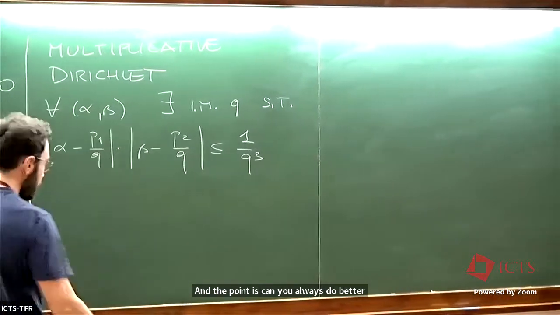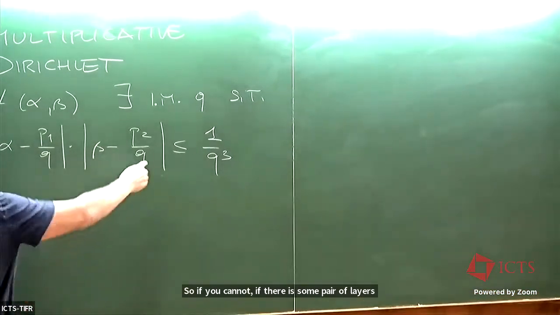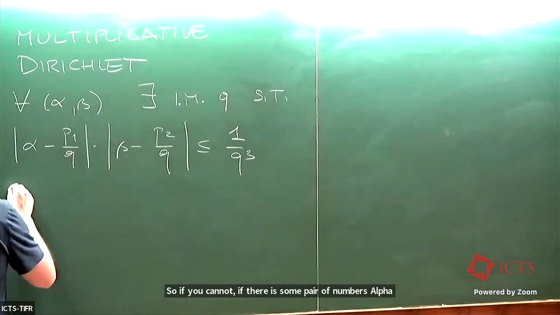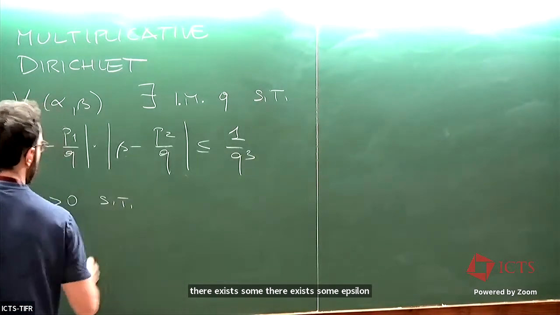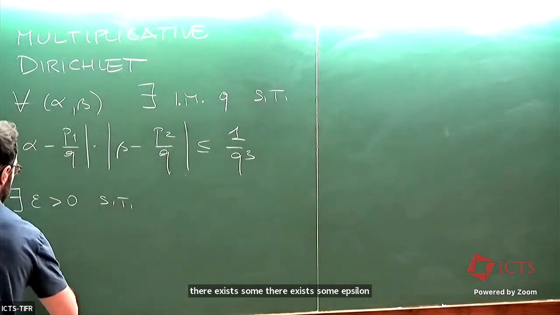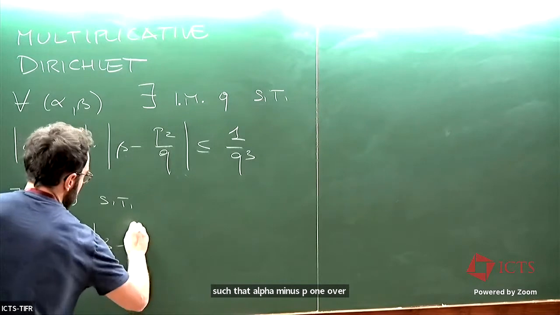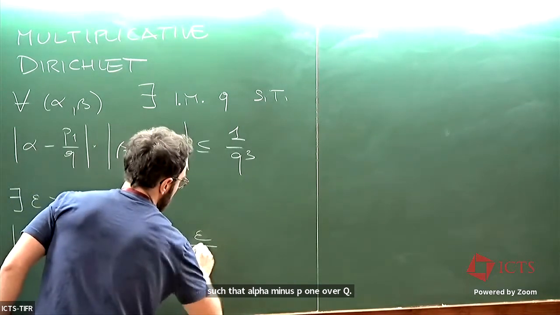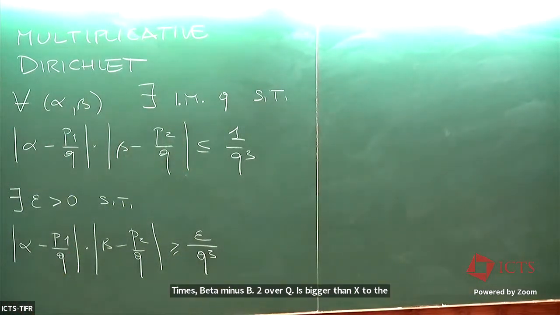So if you cannot, if there is some pair of numbers alpha, beta such that you cannot do better than this, then there exists some epsilon positive such that |alpha minus p1 over q| times |beta minus p2 over q| is bigger than epsilon to the power 3 divided by q to the power 3.